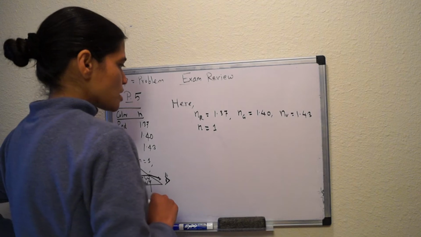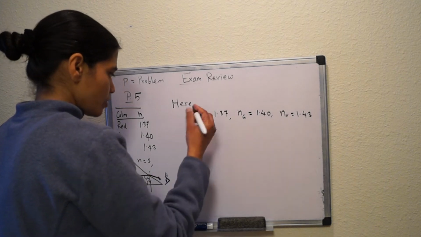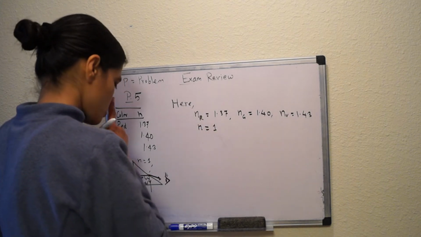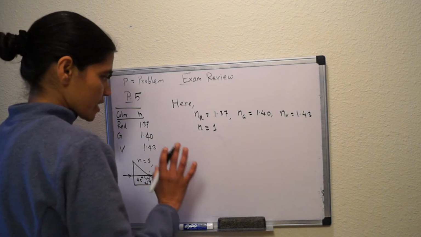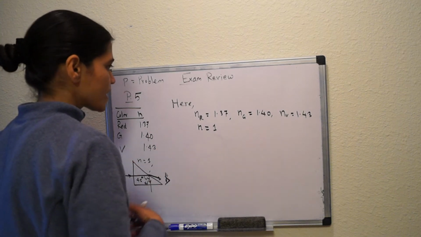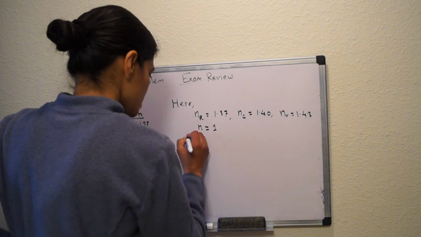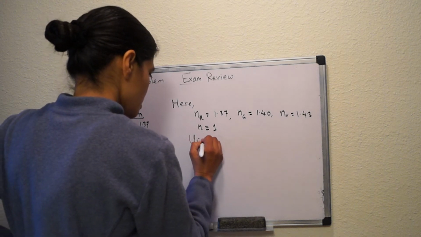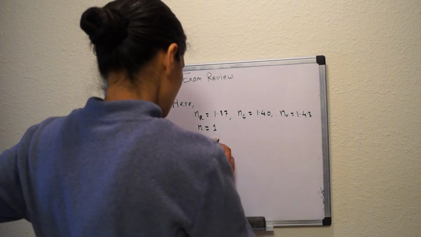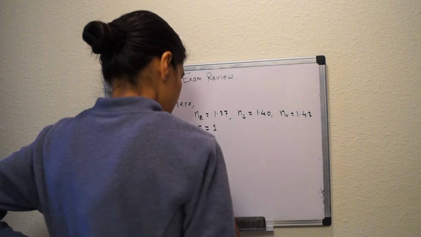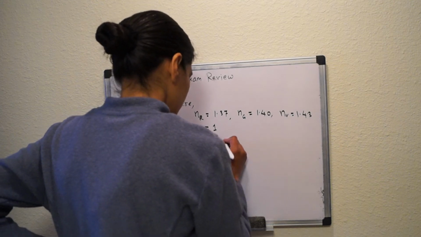Now, our job is to see whether this light will exit or not. We are supposed to determine that. To do that, we will be using Snell's law.